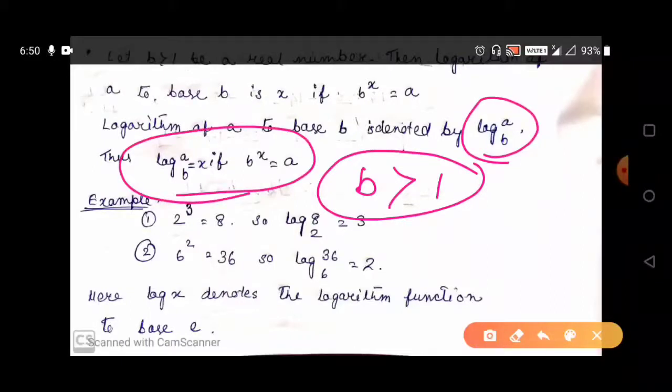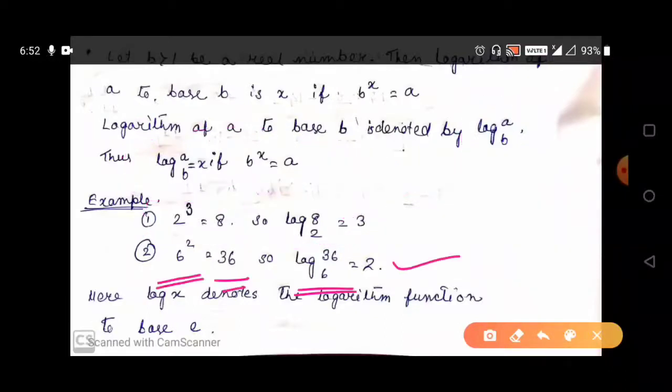Now we will take some examples. So whenever we write 2 cube is equal to 8, we can write it as log 8 base 2 is equal to 3. Here log x denotes the logarithm function to base e.